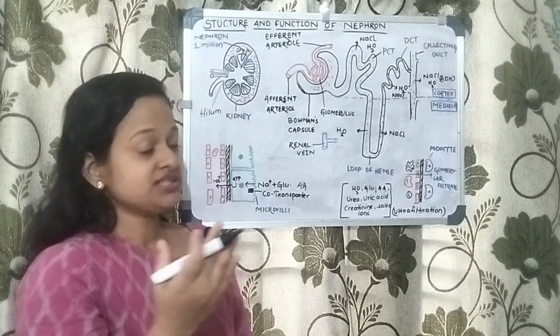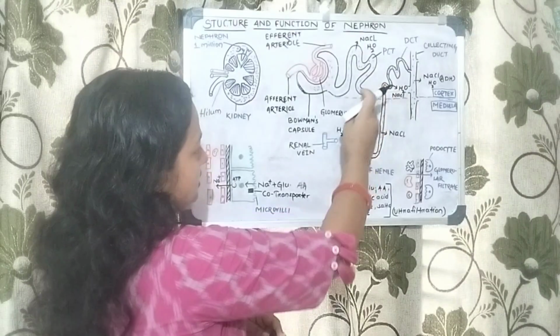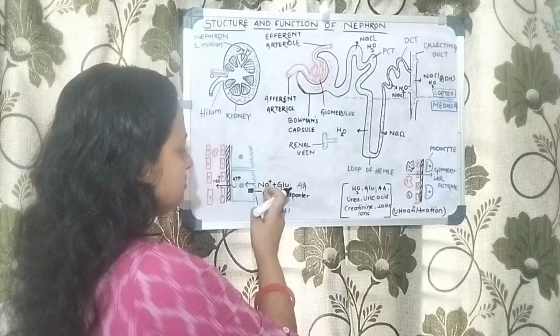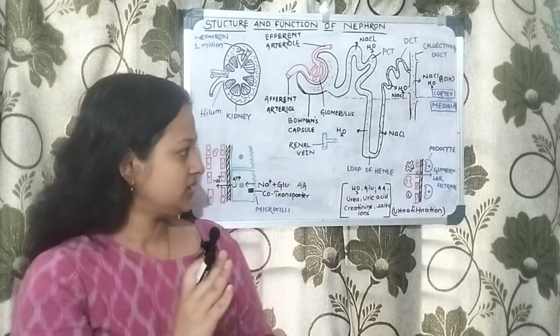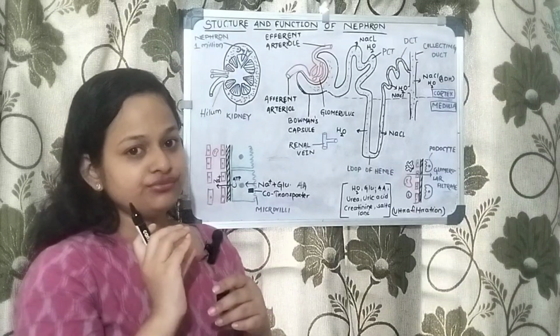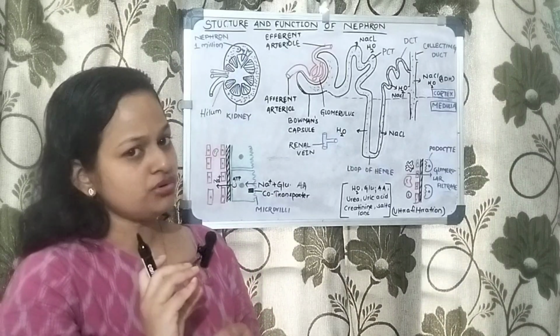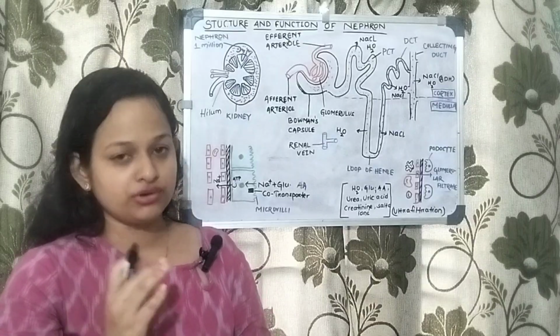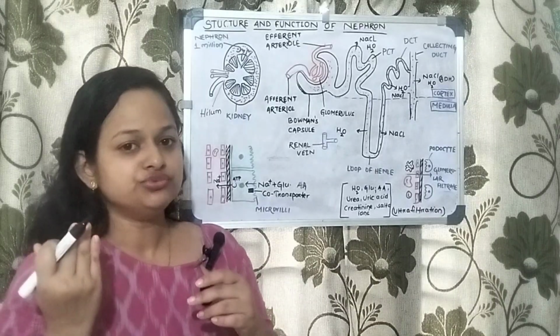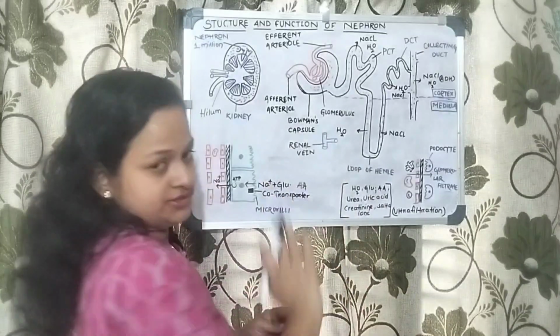As I have already talked about, in this part some sodium, glucose and amino acids have already been reabsorbed; only the water and some salts are retained in this tubular fluid. It is also essential for our body, so it has to be reabsorbed again in this part.